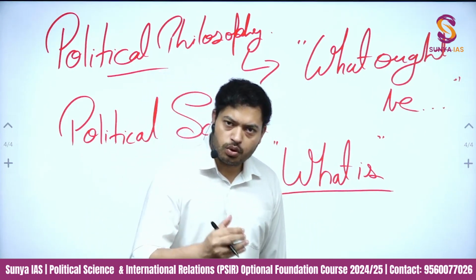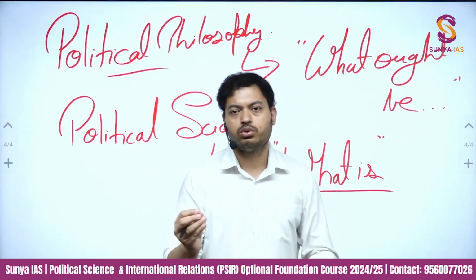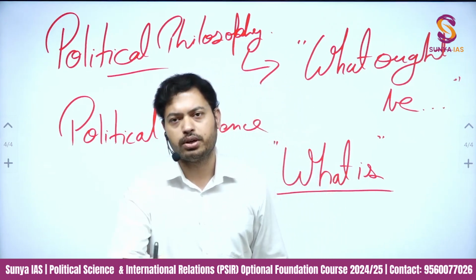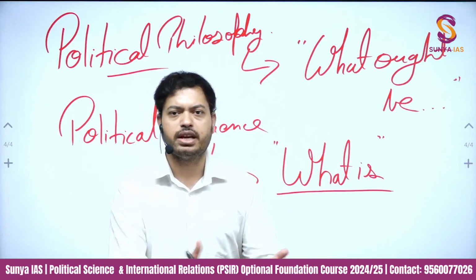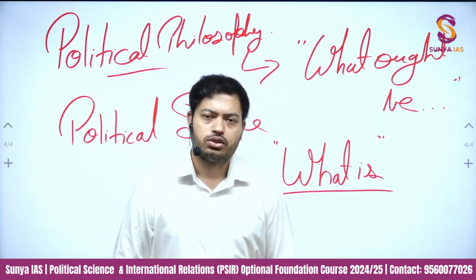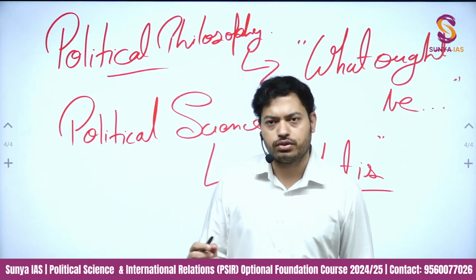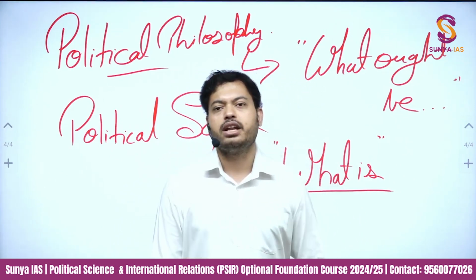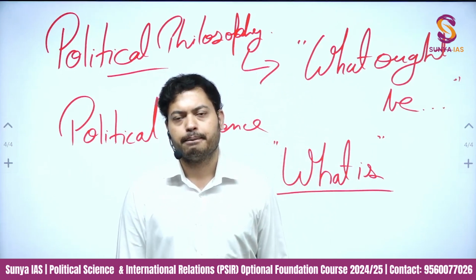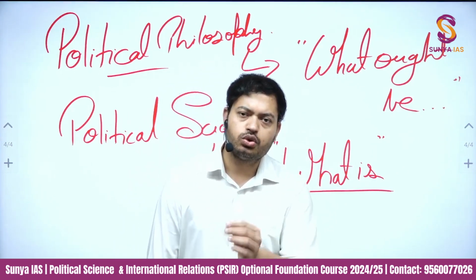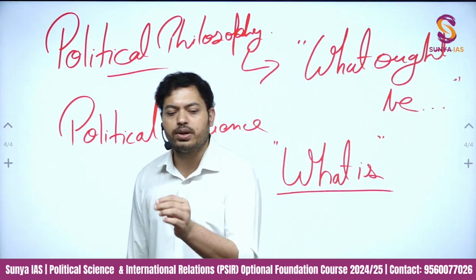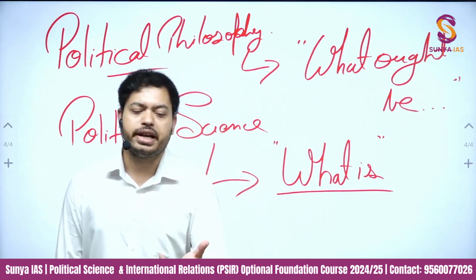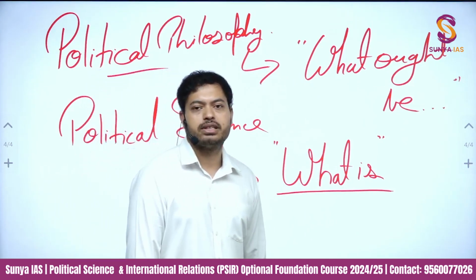When you move from the focus to the method used by the scholars, the method used by scholars of political philosophy is basically philosophical inquiry and logical reasoning, whereas the methods used by scholars of political science are quantitative and qualitative research methods.